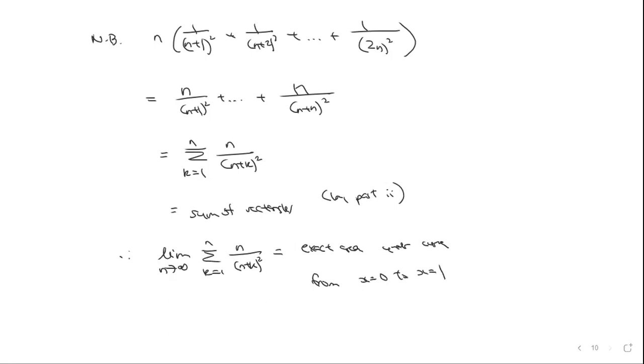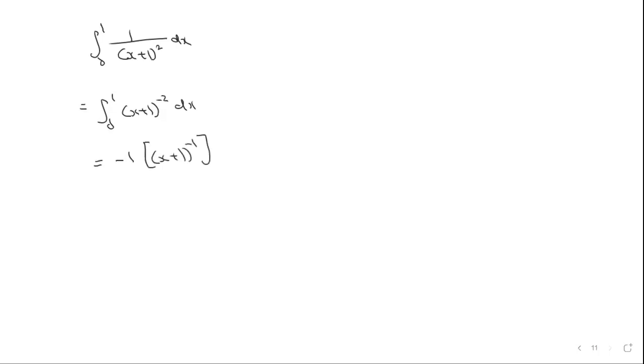So let's find that exact area. That exact area you will need to find using integration. So the integral from 0 to 1 of 1 over x plus 1 all squared dx is the integral from 0 to 1 of x plus 1 to the negative 2 dx, which is 1 over negative 1, x plus 1 to the negative 1, from 0 to 1.